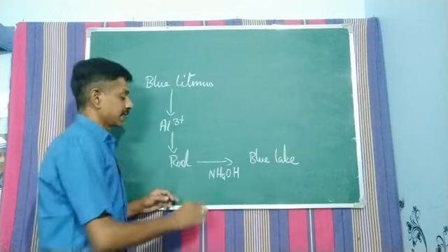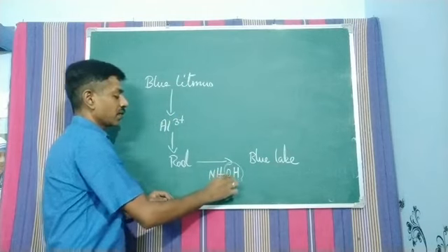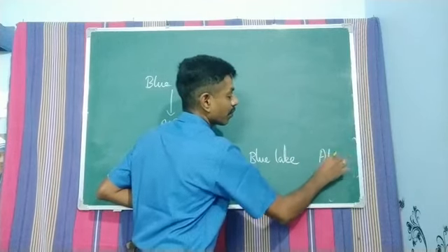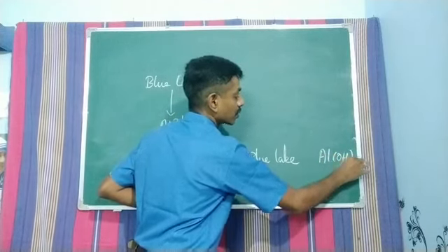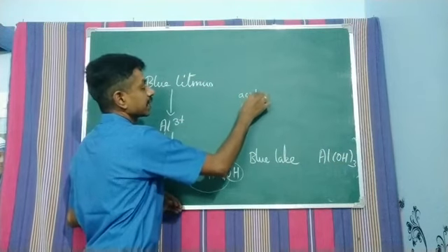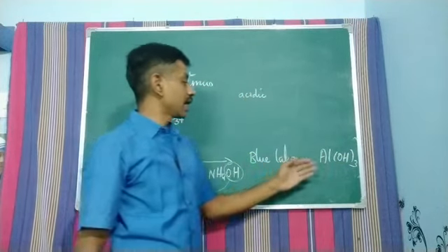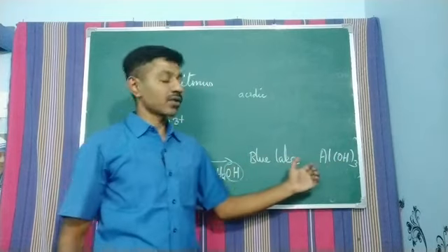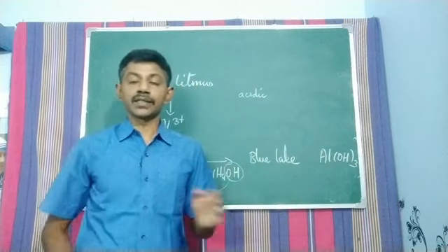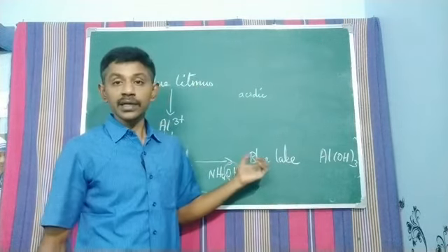The reason is that hydroxide ions join with the Al3+ ion to form aluminium hydroxide. Here it shows the solution is acidic in nature. On adding ammonium hydroxide, a blue lake is formed. This is purely the concept of adsorption.